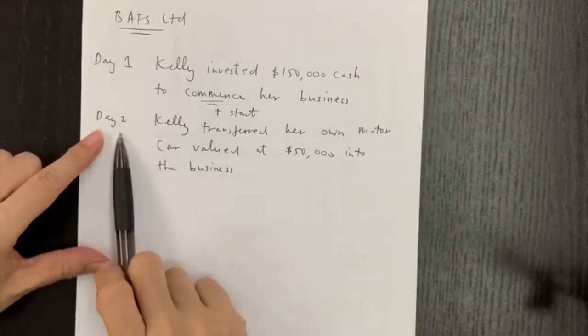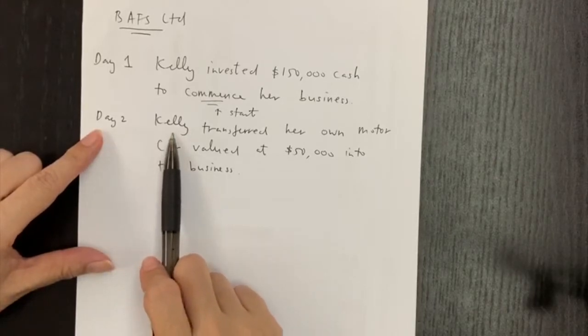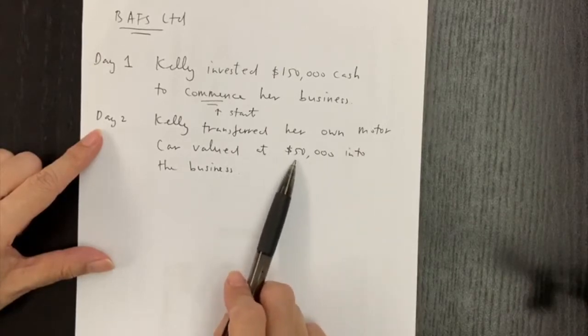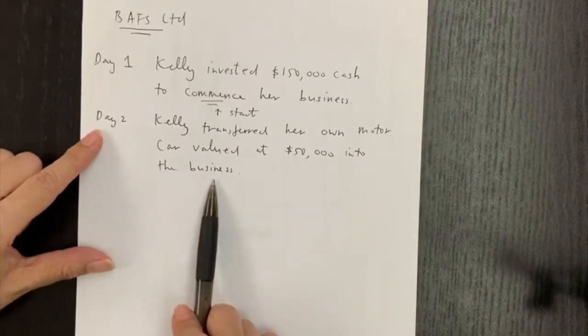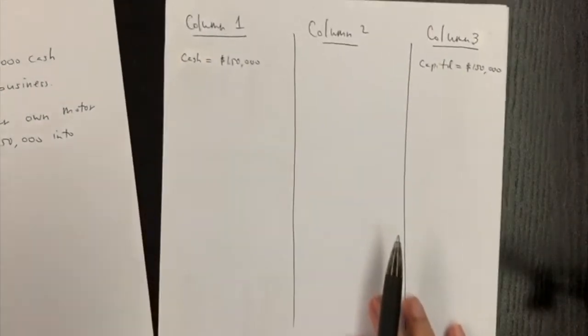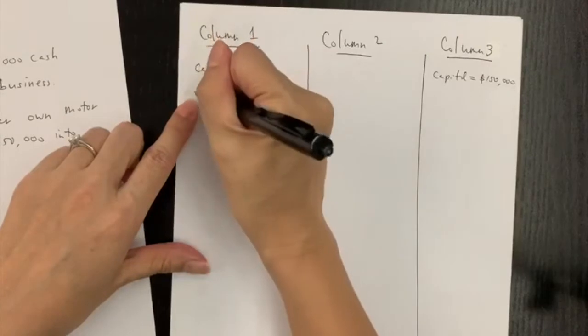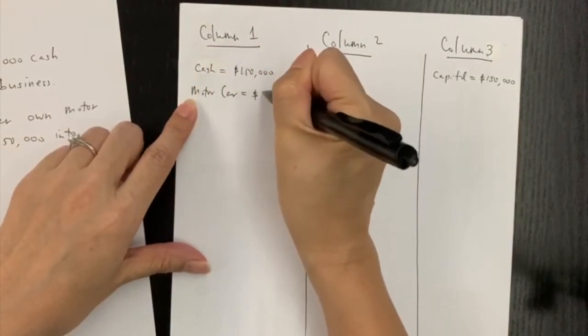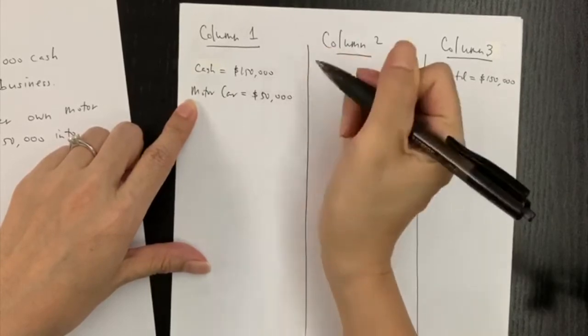All right, next we come to day 2. Now we have the owner again, who is Kelly. Kelly transferred her own motor car, which is 50,000, into the business. So on this page, in column 1, we have motor car, which is 50,000, right?